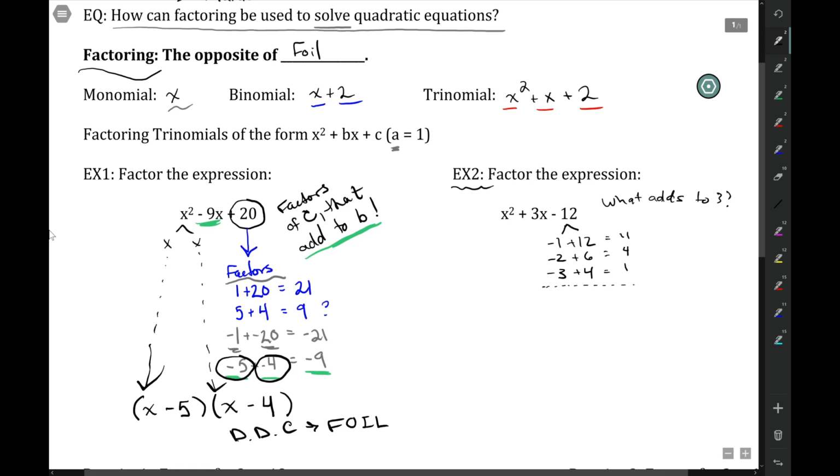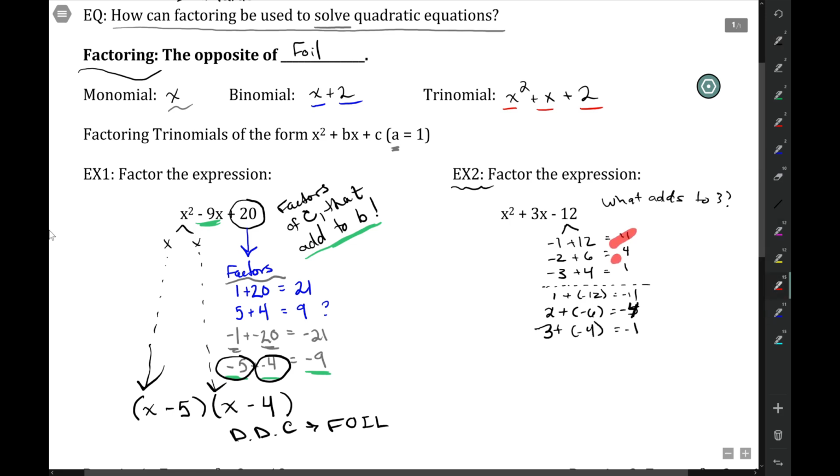Keep in mind we could have the opposite end of the spectrum, 1 plus negative 12, 2 plus negative 6, and 3 plus negative 4.